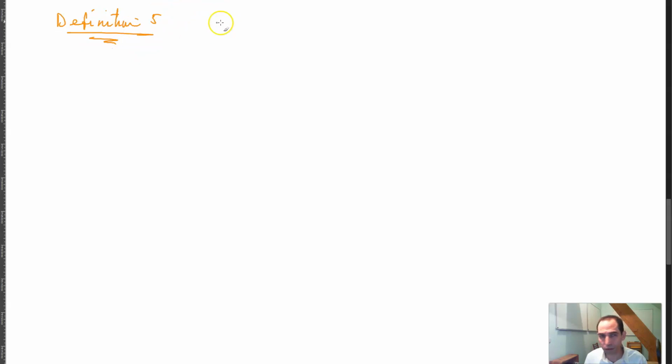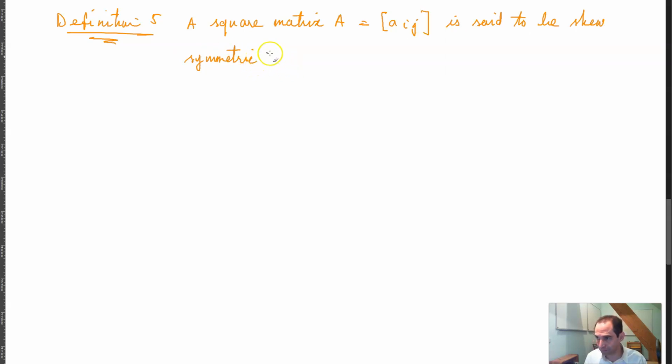A square matrix A equal to A of ij is said to be skew symmetric if A transpose is equal to -A.